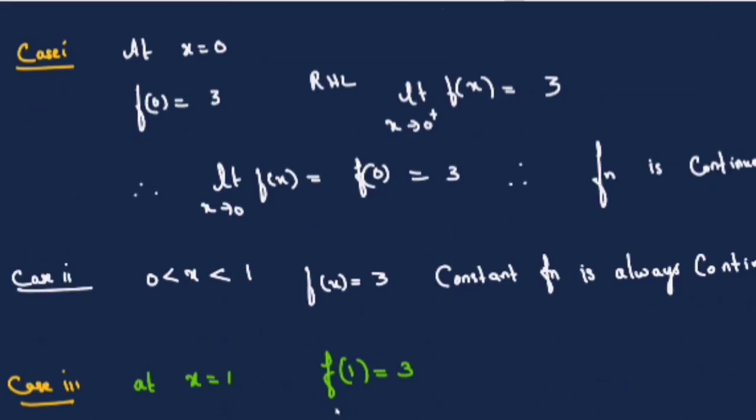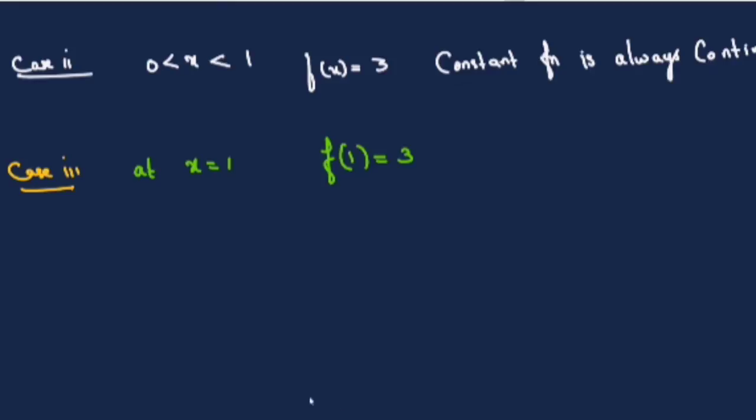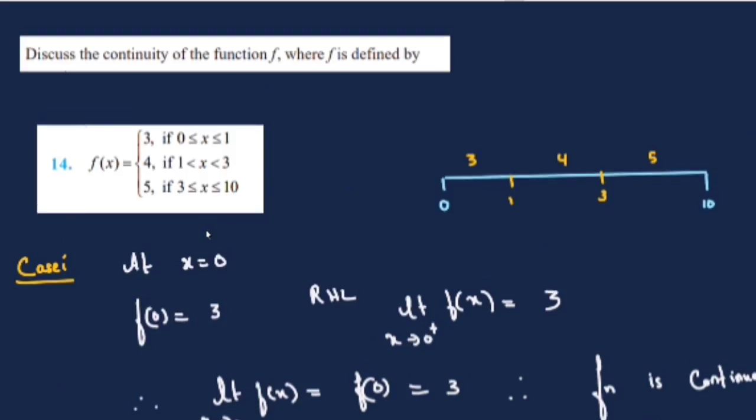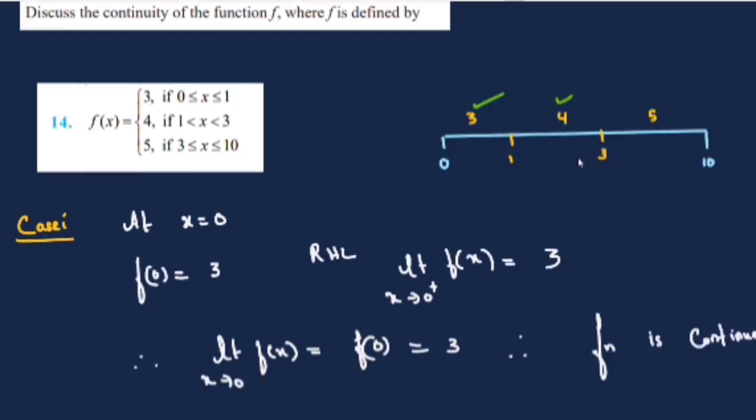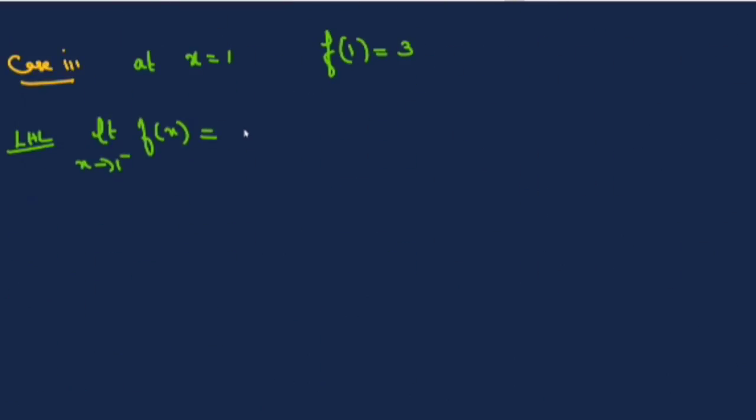So the left hand limit is limit x tends to 1 minus of f of x. So the left of 1 the function is given as 3, and right of 1 it is 4. Now the right hand limit is limit x tends to 1 plus of f of x.